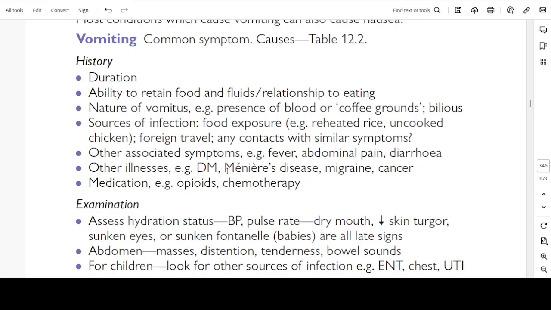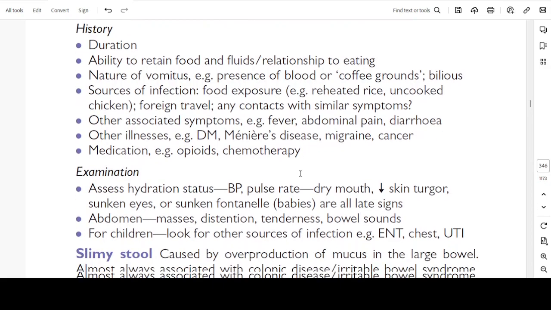Other illnesses like diabetes mellitus, Meniere's disease, migraine or cancer. Medications, for example opioids and chemotherapy.